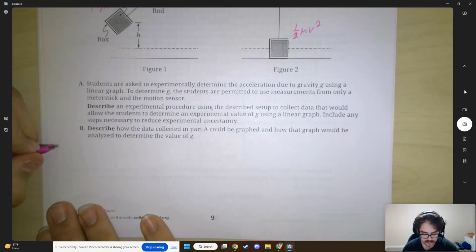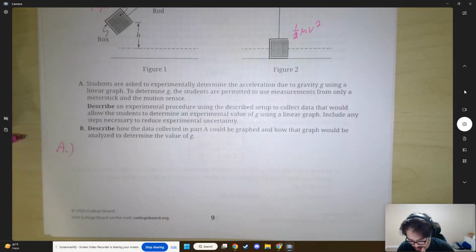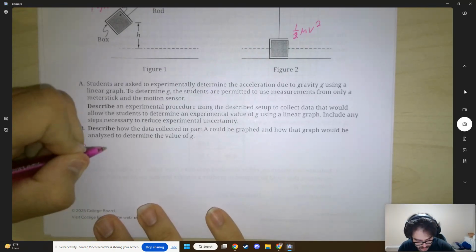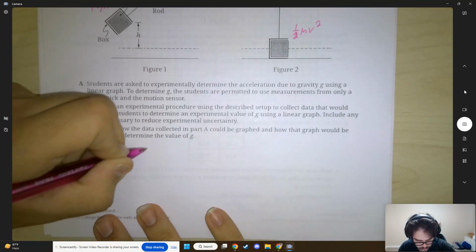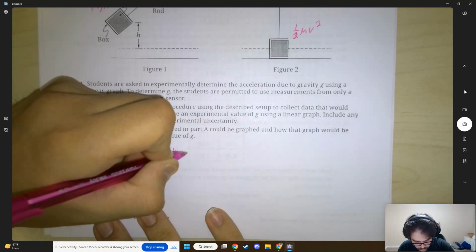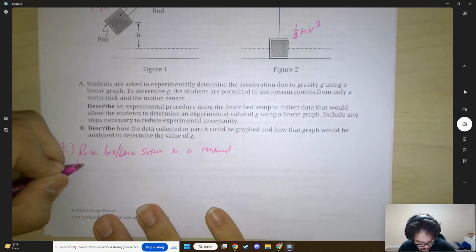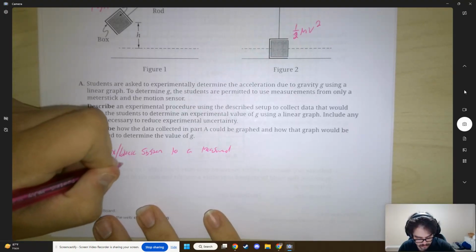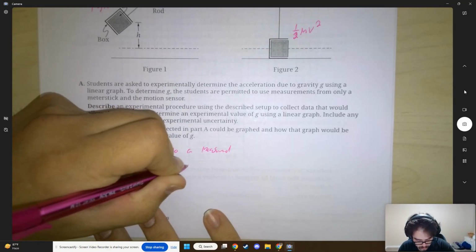So I'm going to say for part A, I'm going to raise the block system to a measured height h. Okay, I guess I should probably say measured with meter stick.